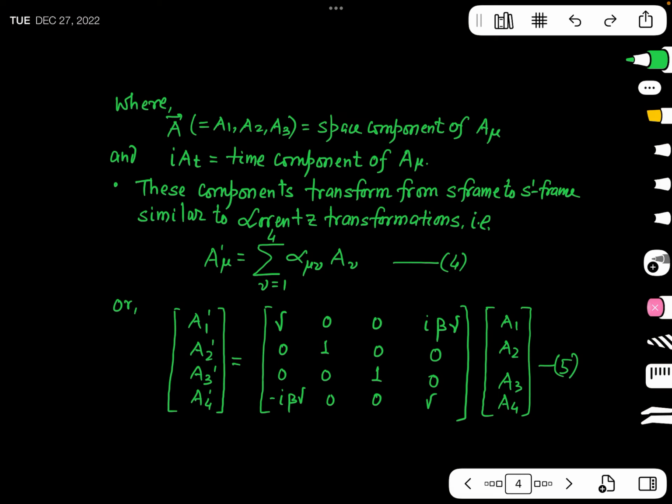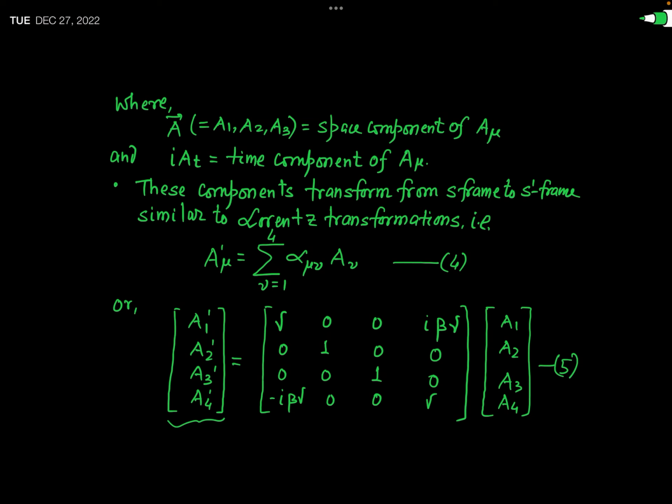So, if your aim is to find the components of this 4 vector A mu in the S prime frame, you can write those components by the symbols A1 prime, A2 prime, A3 prime and A4 prime. In a similar manner, we represent these components by a column matrix. The column matrix of A1, A2, A3, A4 represents the components of the 4 vector A mu in the S frame.